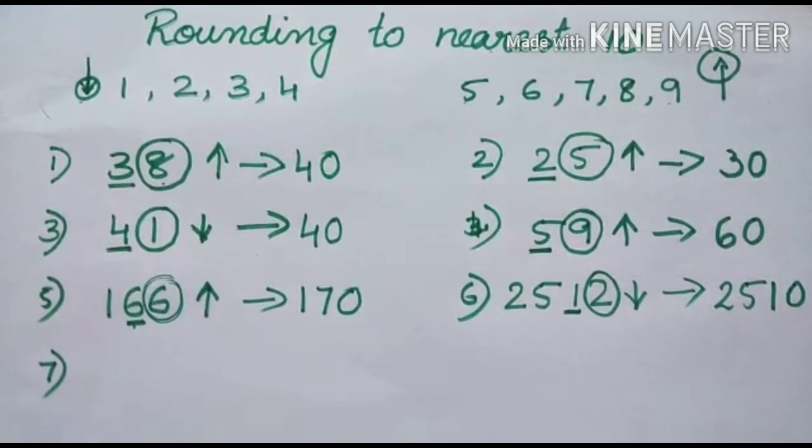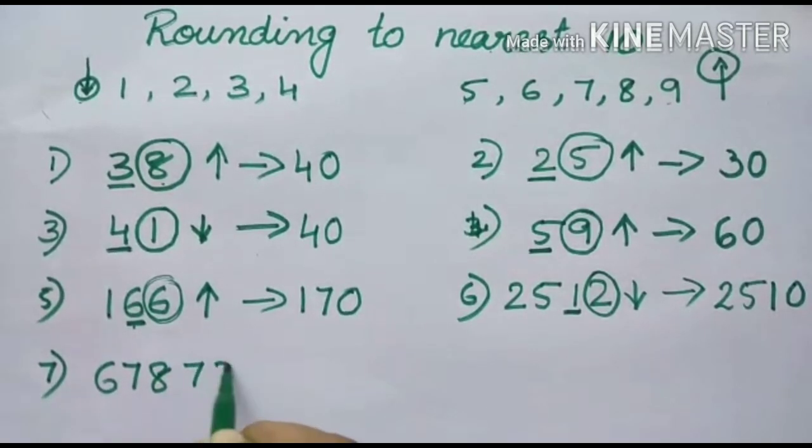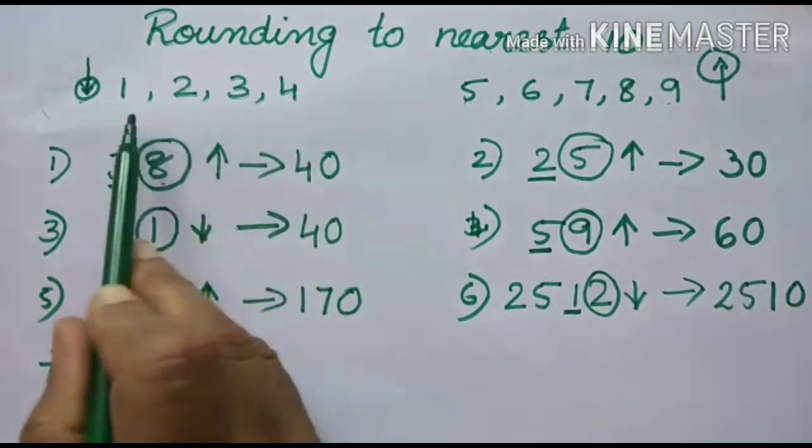Seventh example, 67,873. Okay, we have to round to the nearest 10. So we underline the tens place and look at the number in the ones place. The number in the ones place is 3 and it is less than 5.